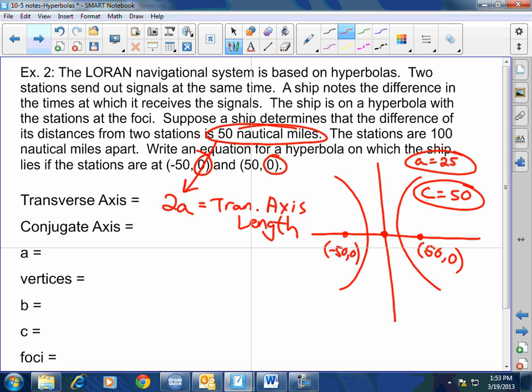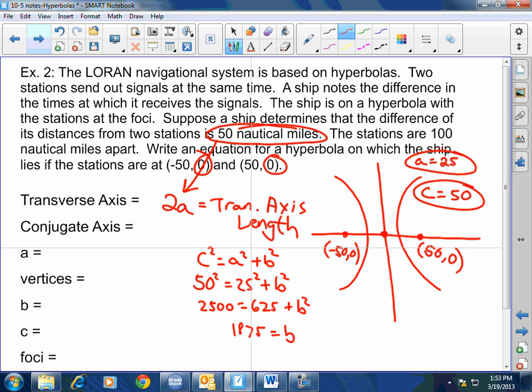So let's do some math, guys. c squared equals a squared plus b squared. So c squared is 50 squared, which is 2500, equals 25 squared, which is 625, plus b squared. Subtract the 625, you get 1875 equals b squared.